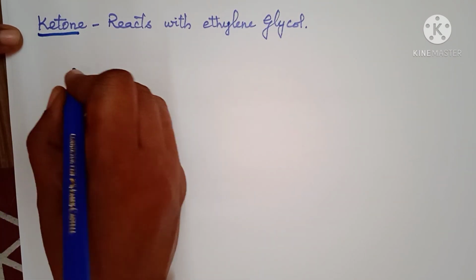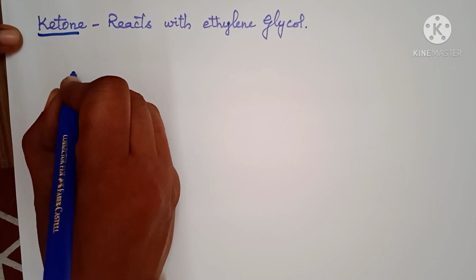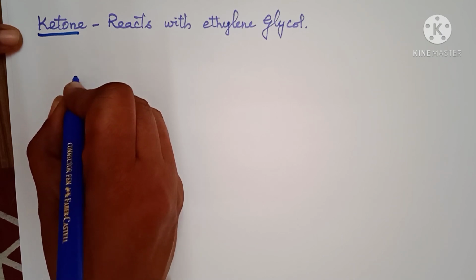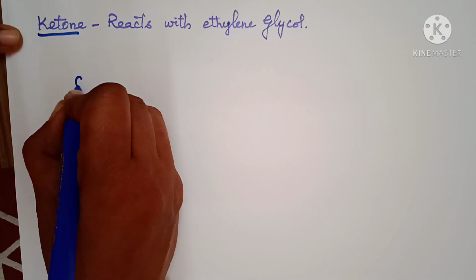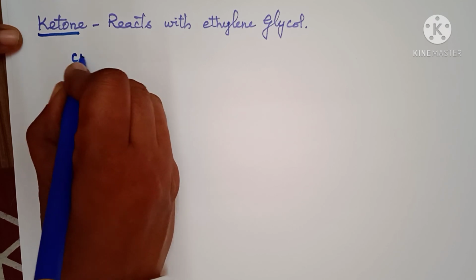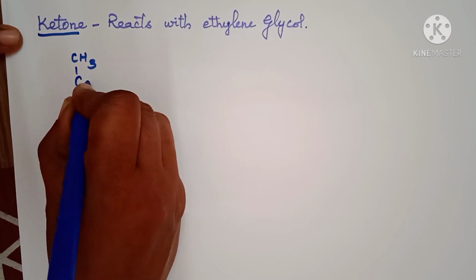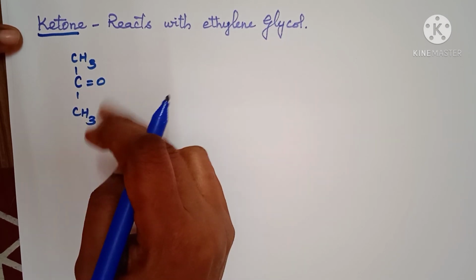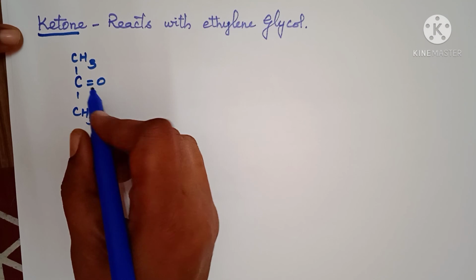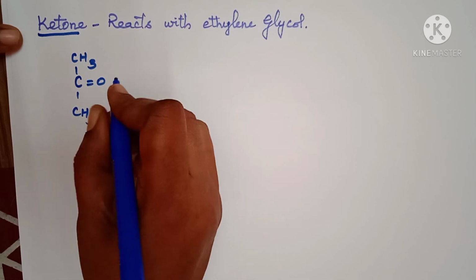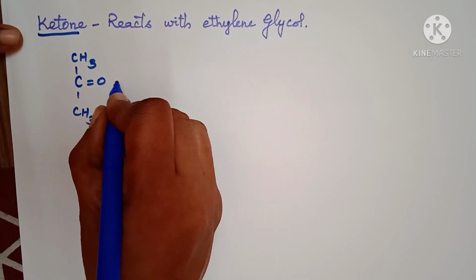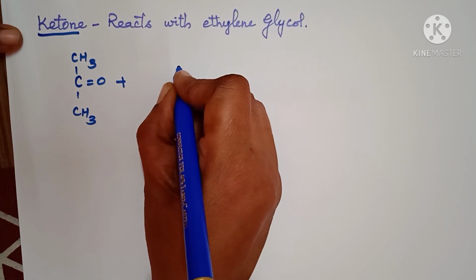So how can you write it commonly? You just write it here: carbon attached with CH3, C double bond O. For a reason I have written it like that, CH3COCH3, it is acetone, which reacts with ethylene glycol.